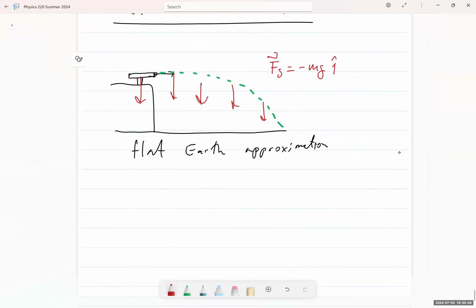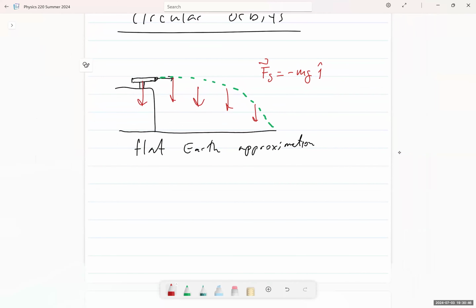But if you start moving this height more and more, the higher you go, Earth no longer becomes flat. You start looking at the curvature of Earth. The higher you go, it's even more curved. Eventually, you can be high enough that when you look down, you see a spherical Earth, not a flat Earth.